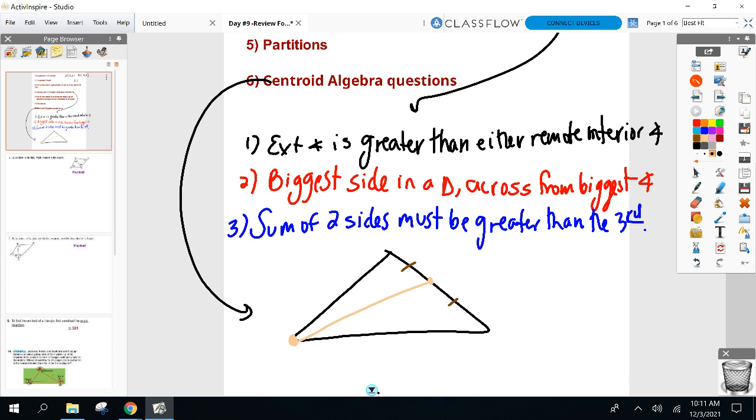That's a median. Thank you, Via. That's a median. And if I put all three medians on the triangle, they'll intersect at this point here, which is my centroid. And what I mean by centroid algebra is this. What if this part of the median is 2x plus 6, and this part's x minus 3, and I say find x?